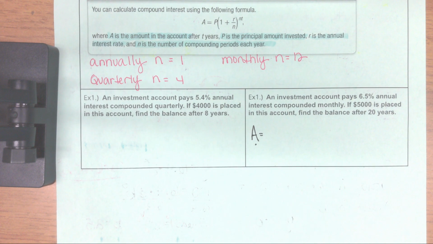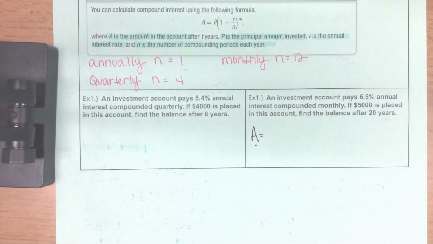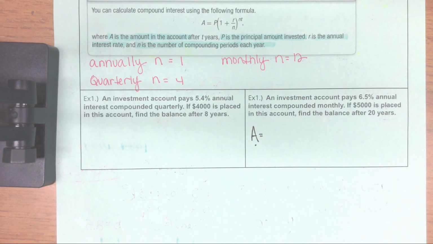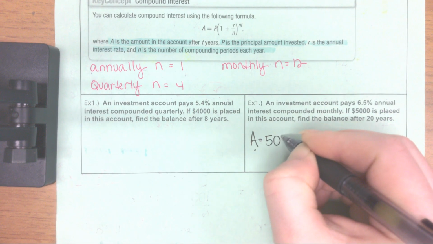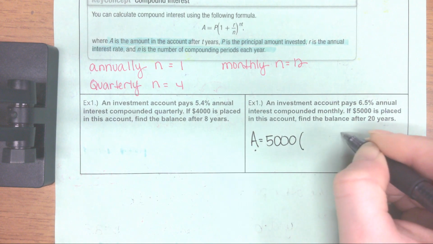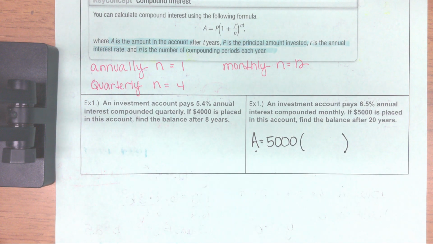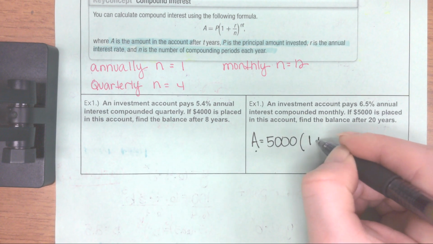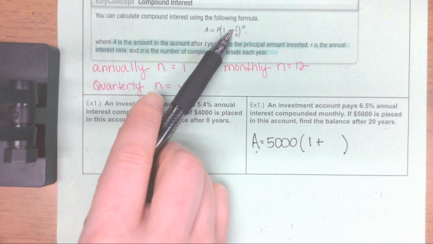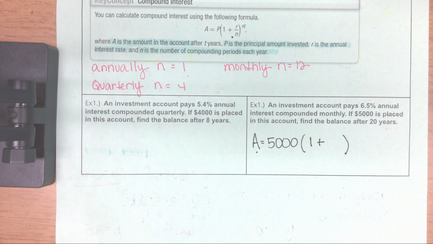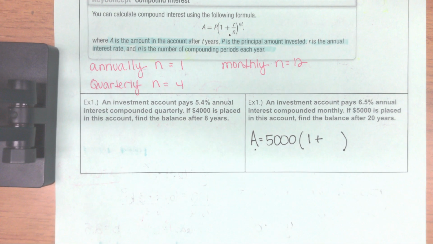What's the principal? 5,000. So that's what's going to go in my front here. And then I have a parentheses. And then I'm going to write 1 plus. And what I'm going to do is take my interest rate and divide it by N. So I have to figure out my interest rate.